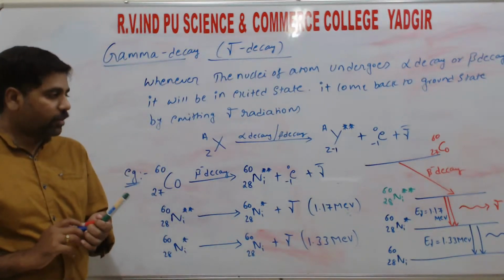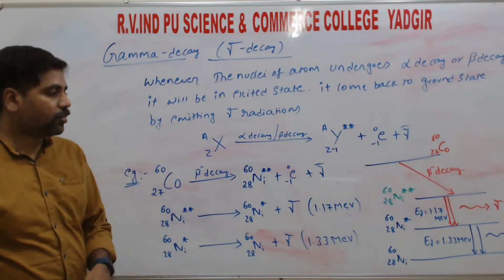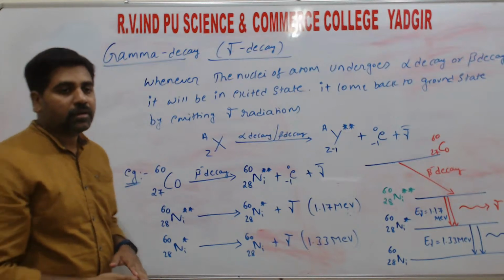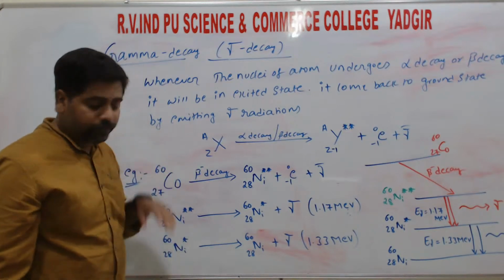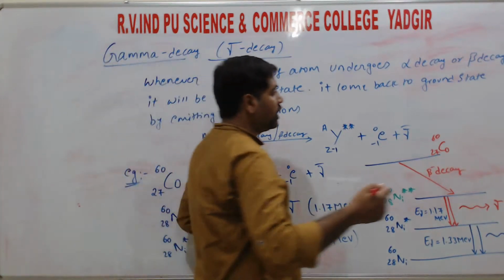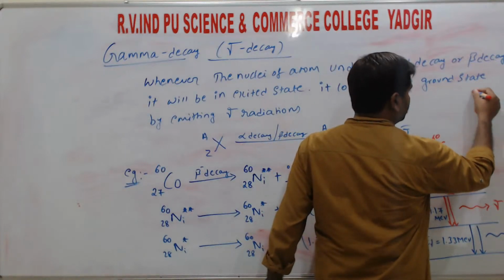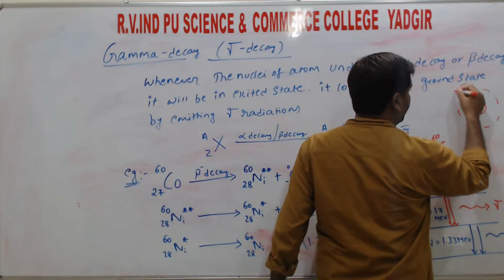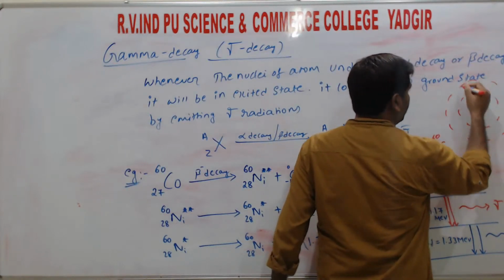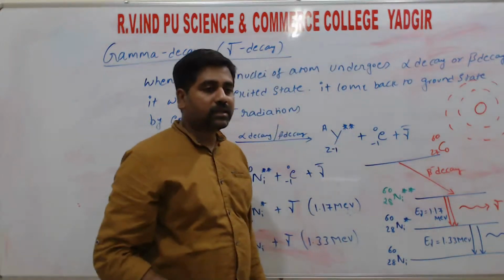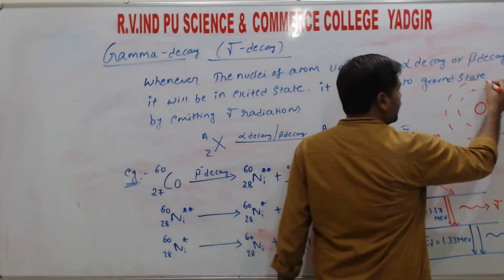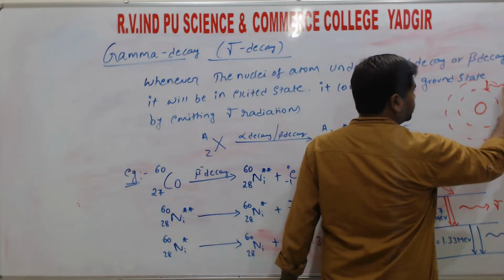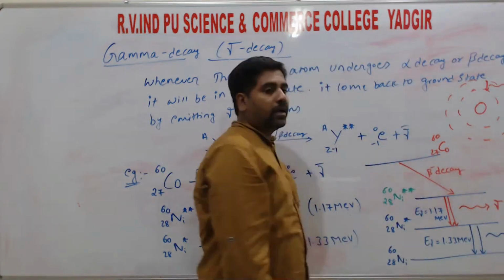As we discussed in the last chapter on atoms, this is the nucleus and we have the electron orbit, right? When the electron transitions from higher energy state to lower energy state, that time it emits the energy.